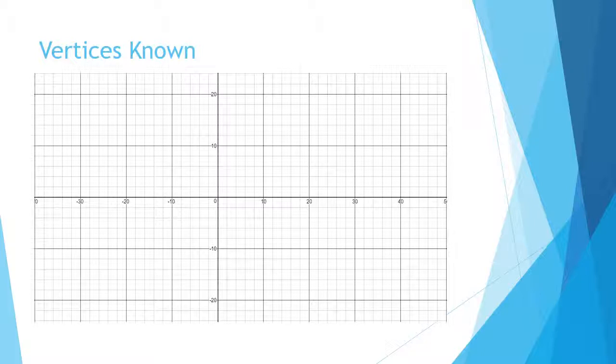If the vertex is given, this is the general form of the parabola that you are using. y equals k, where k is our scale factor, (x minus h) squared is the horizontal shift, plus v is the vertical shift. Now let's draw a parabola over here.